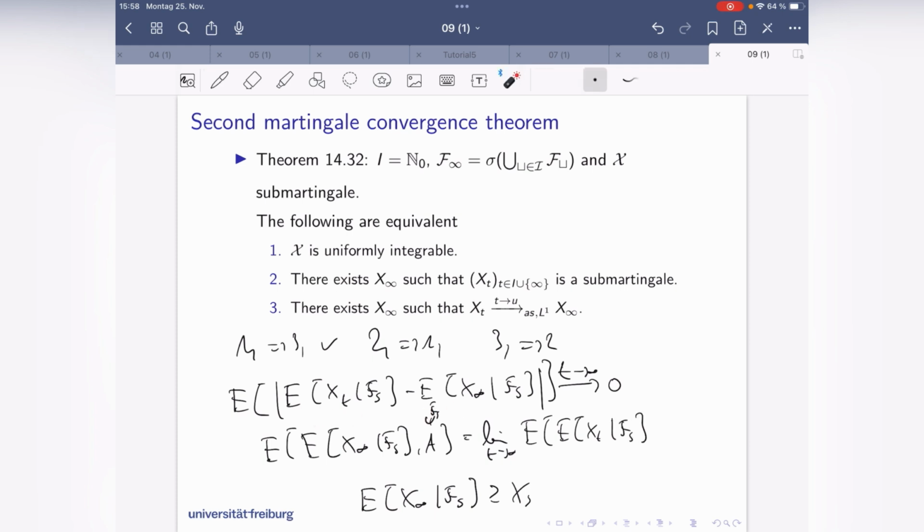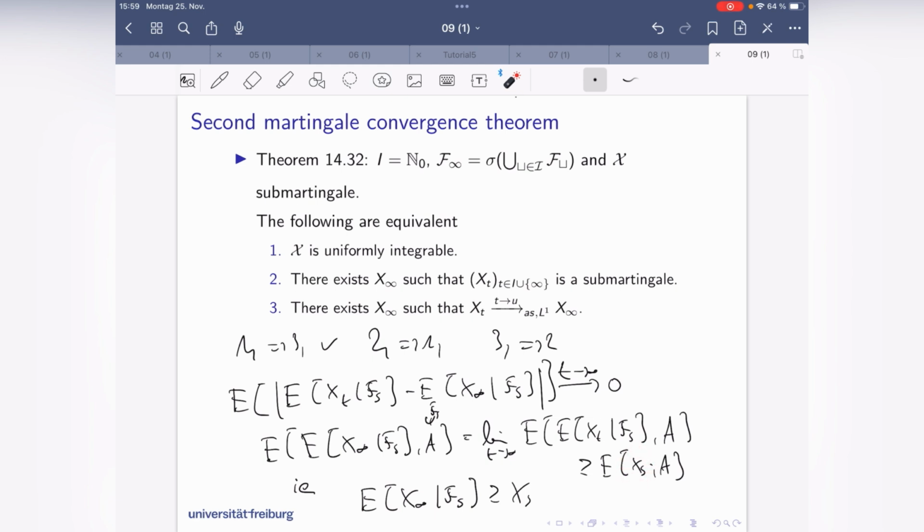That converges, and that also holds on the same A. And xt given fs is greater or equal than xs, and the same holds true that this here is xs on the set A. And that means that I have shown what I wanted to show, because it means that this thing here must be greater or equal than xs.